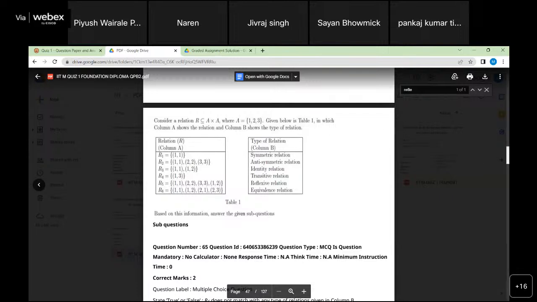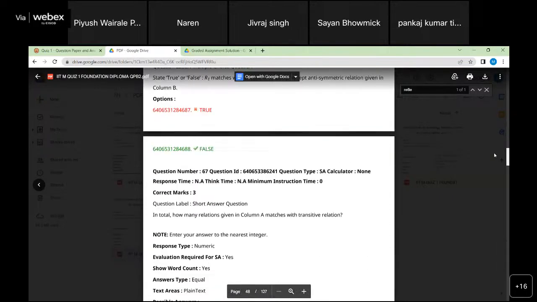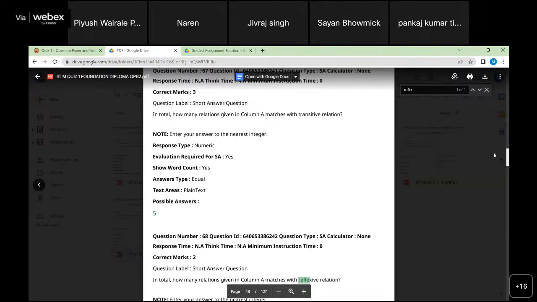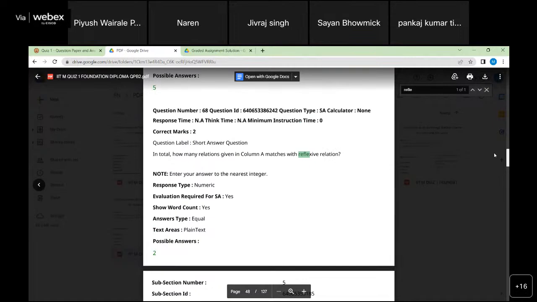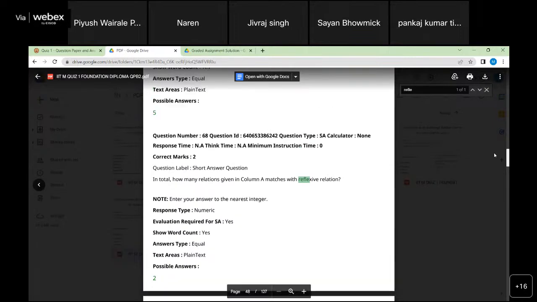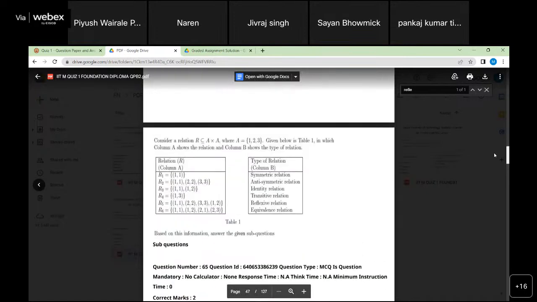Only R1 and R2 are there, right? So here we're talking about how many relations in column A match reflexive relations. So R1 and R2 are the reflexive relations, right?